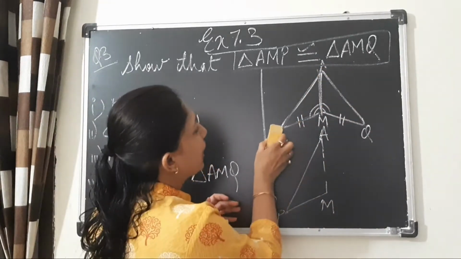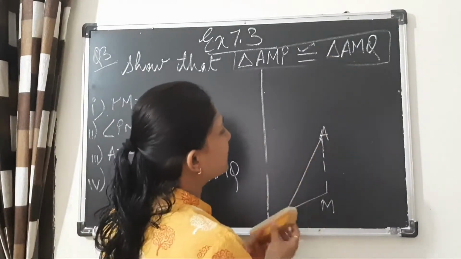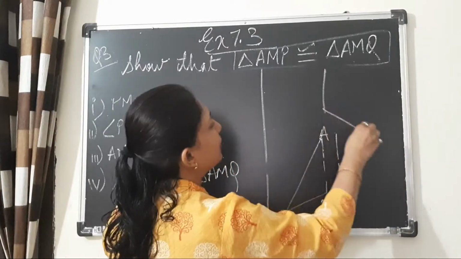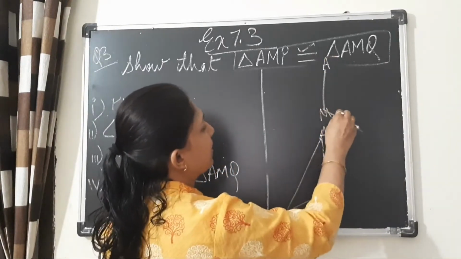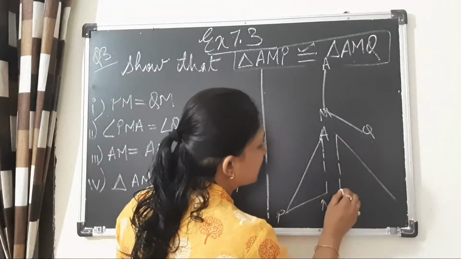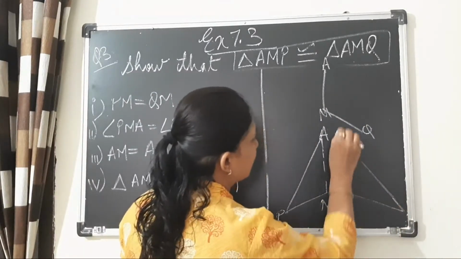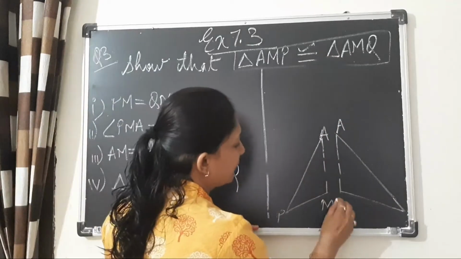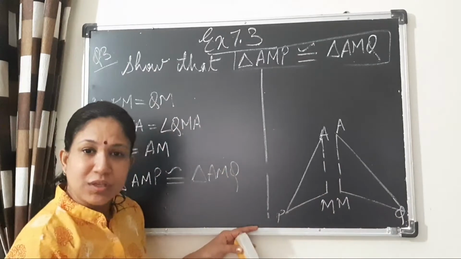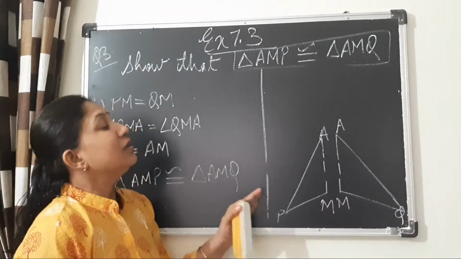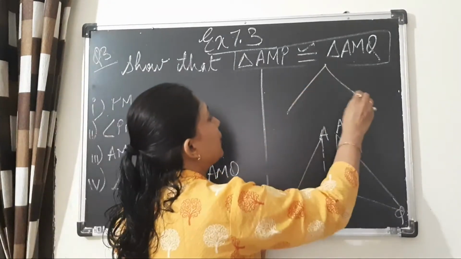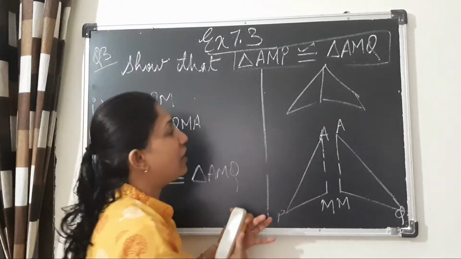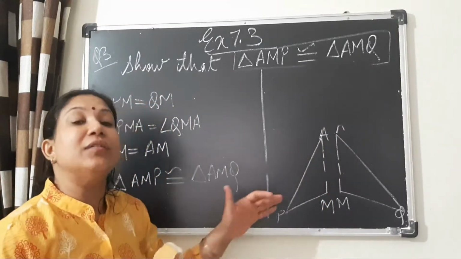I am rubbing this out, and here I will draw the other triangle, AMQ. Can you see what we have done? The first step is that we have separated the two triangles and redrawn them so that we do not get confused.